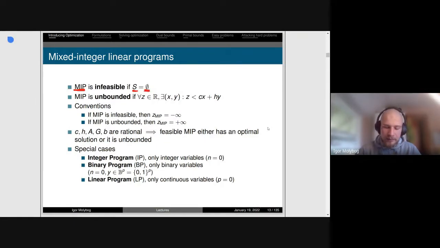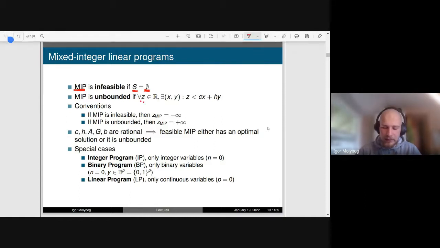We say that a problem is unbounded if for any Z in R, there exists a feasible pair xy belonging to S, such that Z is smaller than Cx plus Hy. Let me see. So this is about a maximization problem once again.